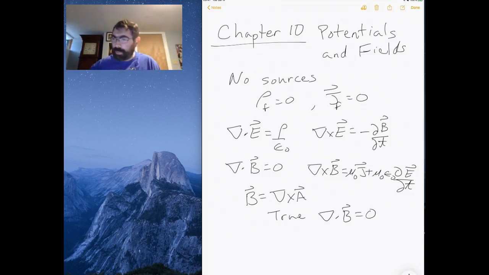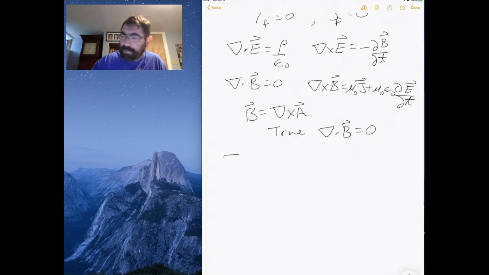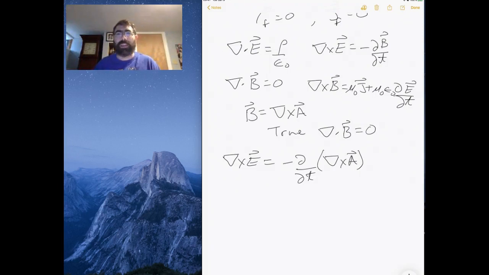But if we do that, we can now put this into Maxwell's third equation and write down that the curl of E is equal to minus the time derivative of the curl of A. And now we can choose which one of these derivatives we want to apply first, whether we want to apply the curl of A first or the time derivative of A first.